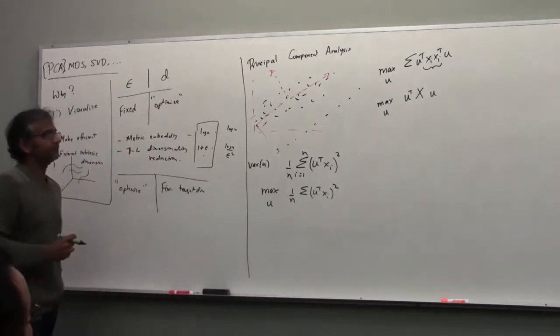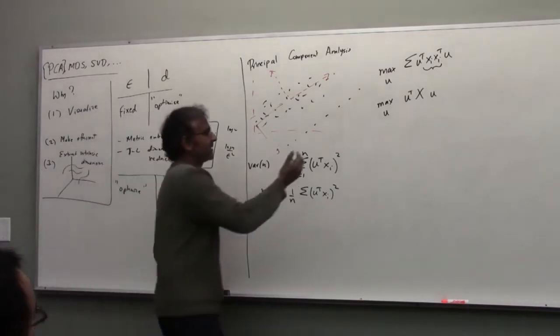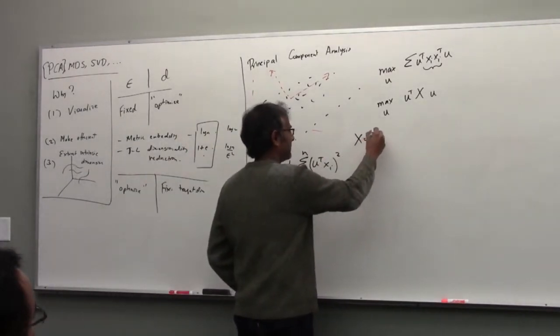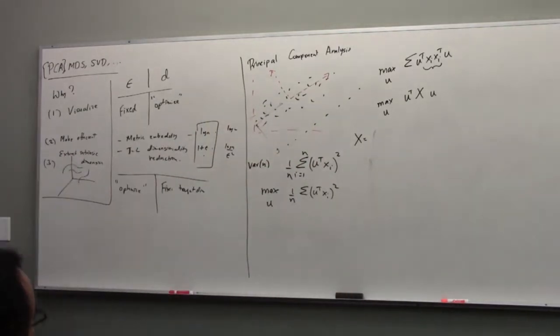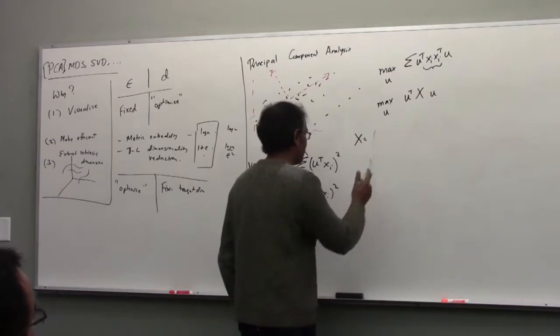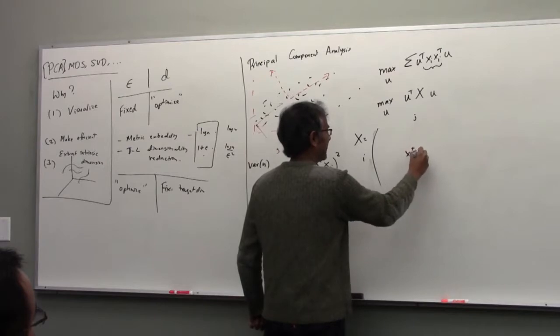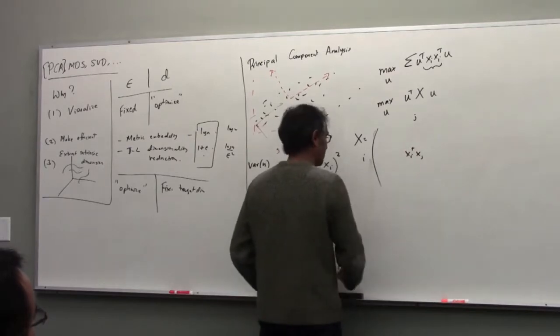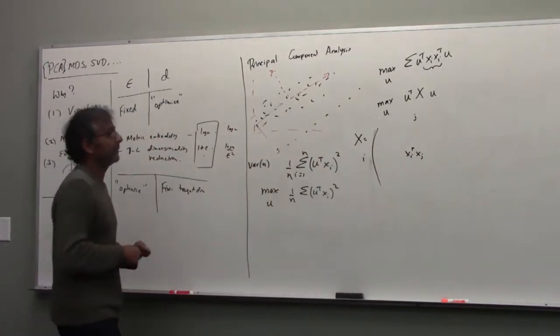This one makes sense. Where X, let me see if I get this right. I always get confused. I think it should be a matrix where the ij-th entry will be xi transpose xj.